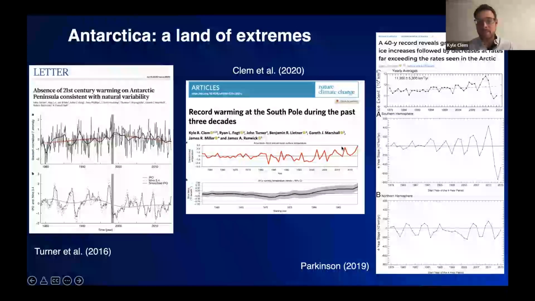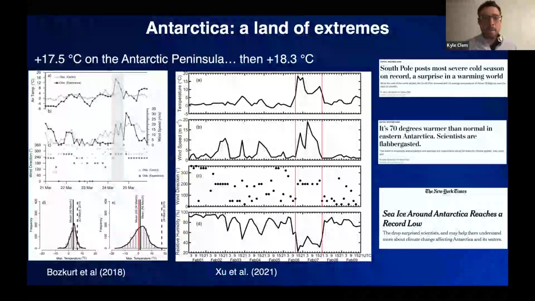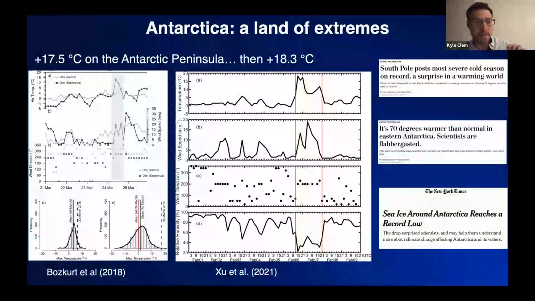So again, another example of these rapid multi-decadal shifts. And Antarctic sea ice continues to surprise us as well. While it was increasing, we then see rapid changes to record lows and rapid decreases. But we also see this in extreme events.